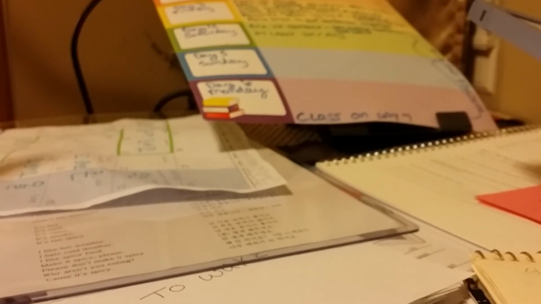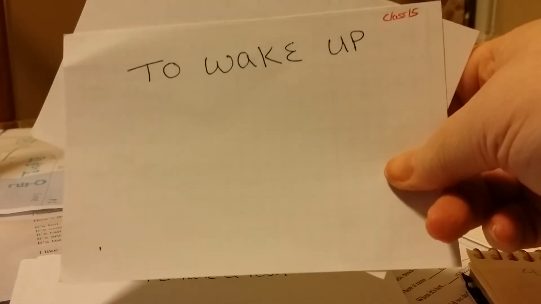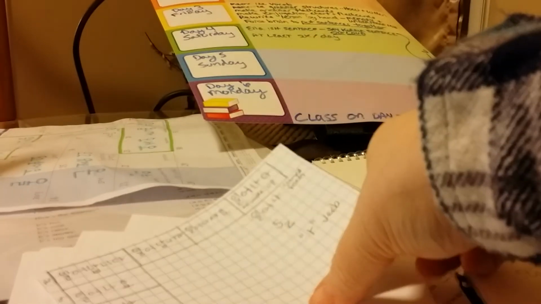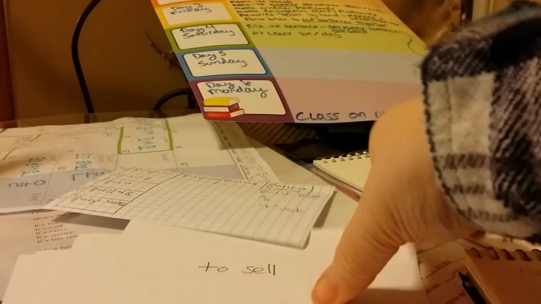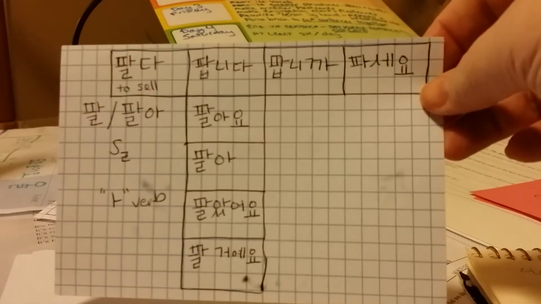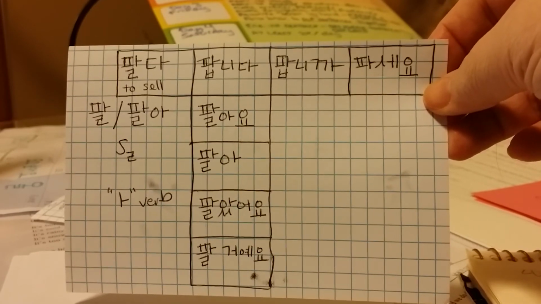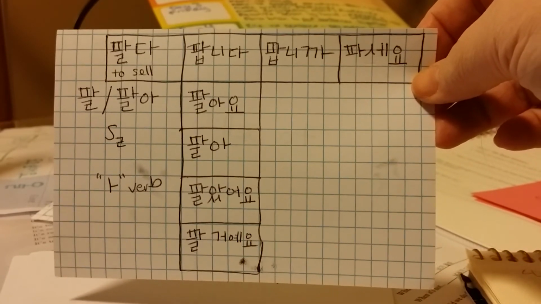So before, I was just making flashcards for the vocabulary, but this time I added an extra thing. For each verb, I made a little chart, so that I could see the different levels and what the conjugation was in these different levels.